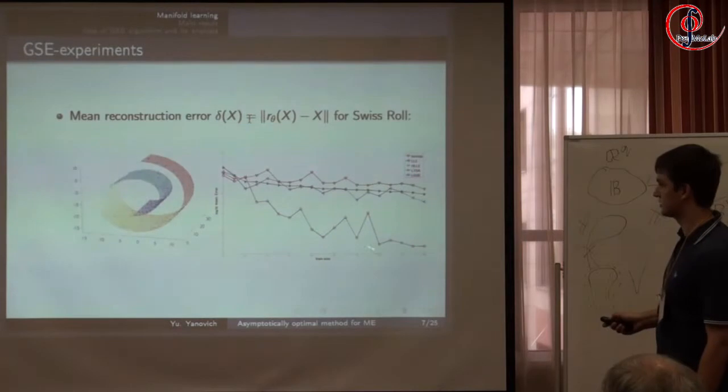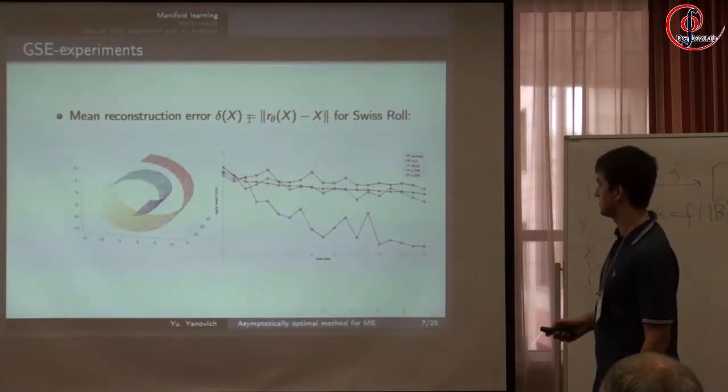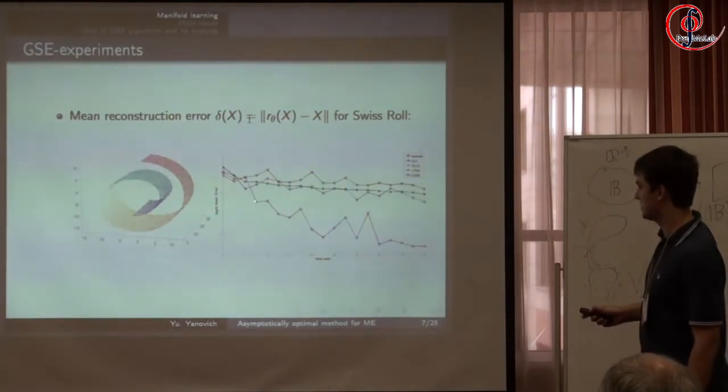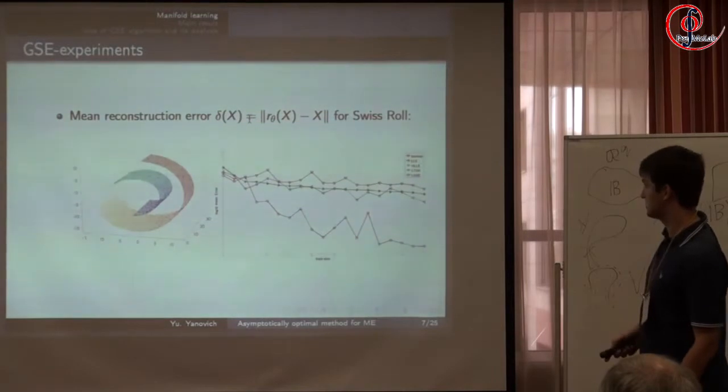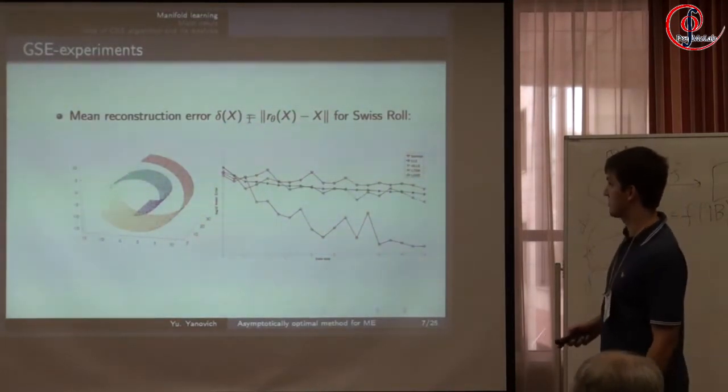Horizontal is the training size, and the vertical axis is the log10 mean error. And you may see that if the sample size is 200 points or more, the GSE algorithm provides a better solution than other well-known algorithms.